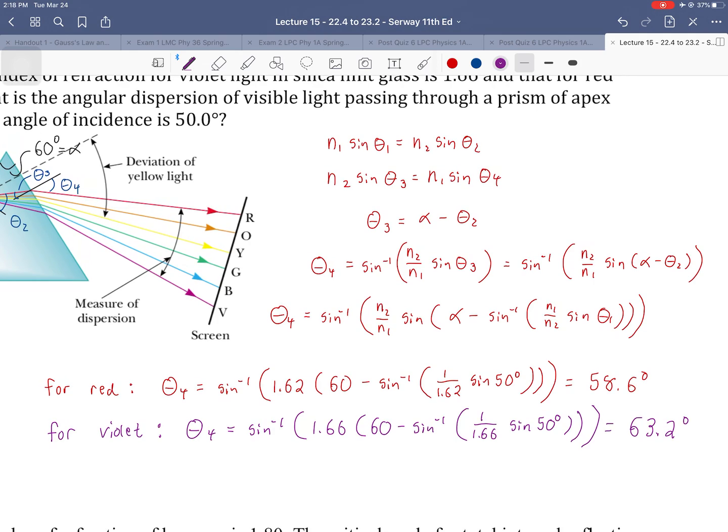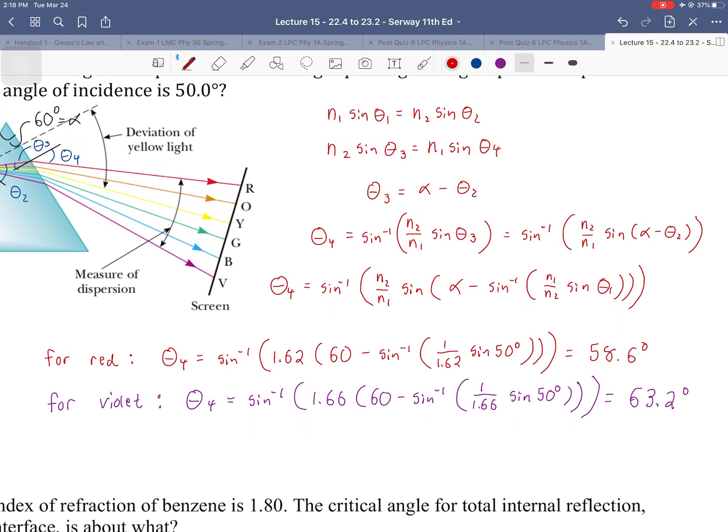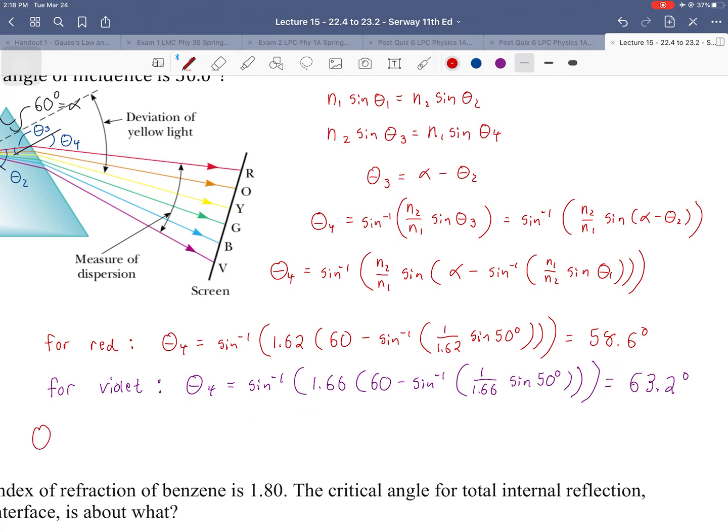So that means that our difference, our spread, and so our dispersion angle is just going to be theta 4 violet minus theta 4 red, which is 4.61 degrees.